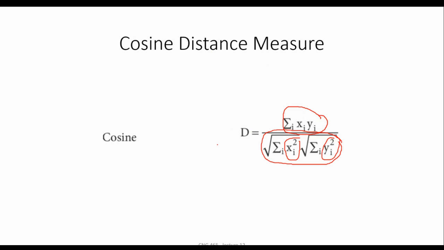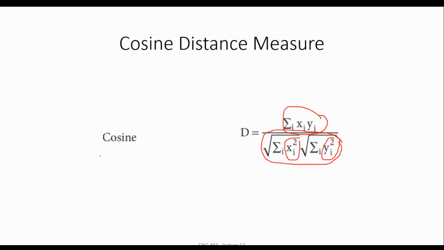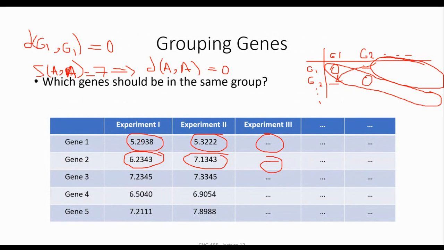For this formula, what I do is multiply these two values together and find the summation of them. This is related to this part. And for each one of them, you just power them by 2 and add them together. For this part also, you should do the same. We will practice them together.